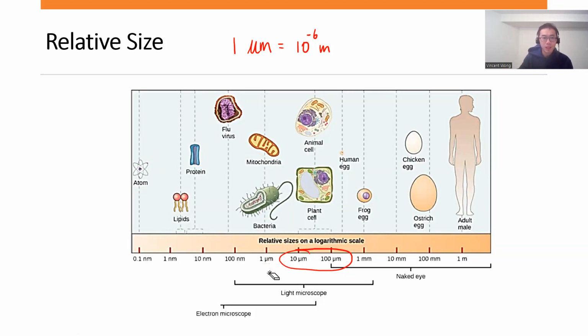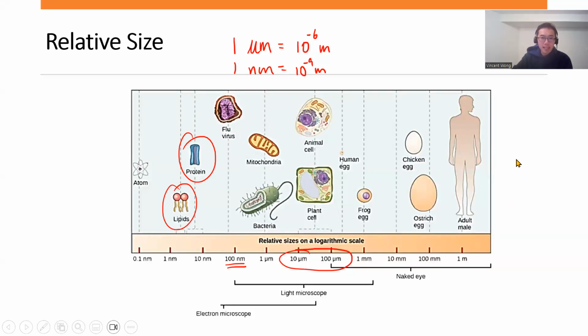And if we keep on going smaller and smaller, things like viruses are measured in nanometers. 1 nanometer is a billionth of a meter. You take a meter and divide it by a billion, 1 with 9 zeros, then you get a nanometer. And on the lower range of the nanometer scale, you would have the proteins, lipids, and carbohydrates, the macromolecules essentially.